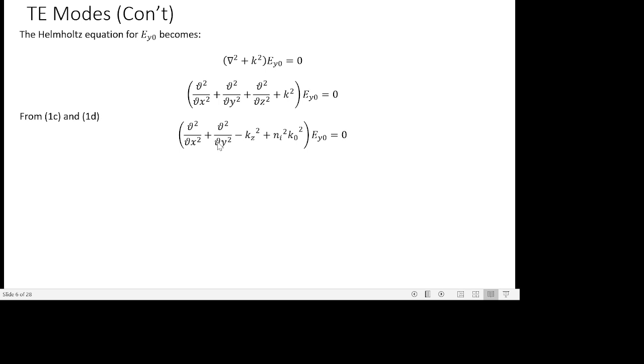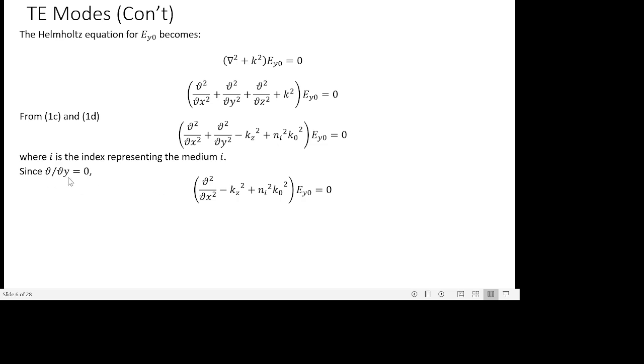And if we expand the expression of k, we will get this one, where n of i here is the refractive index of layer i.